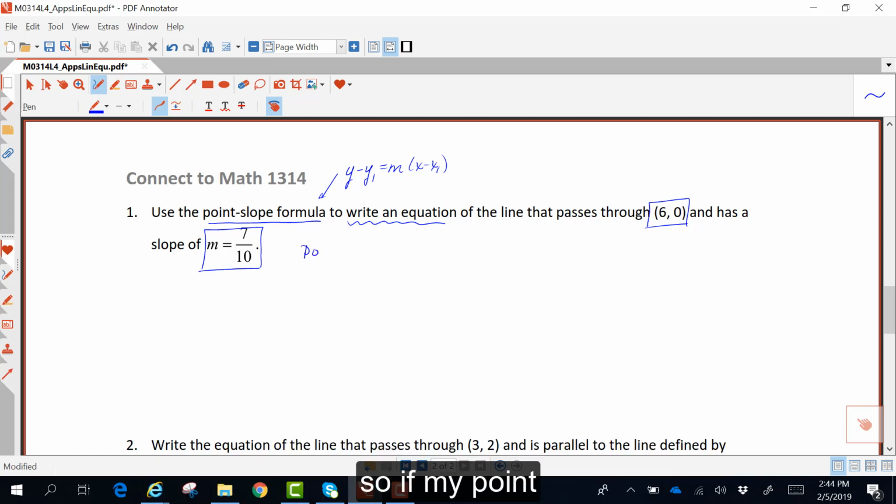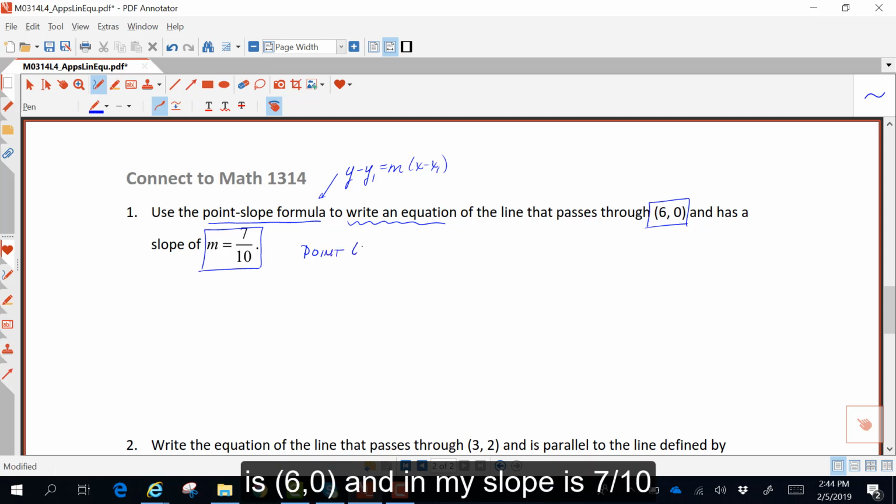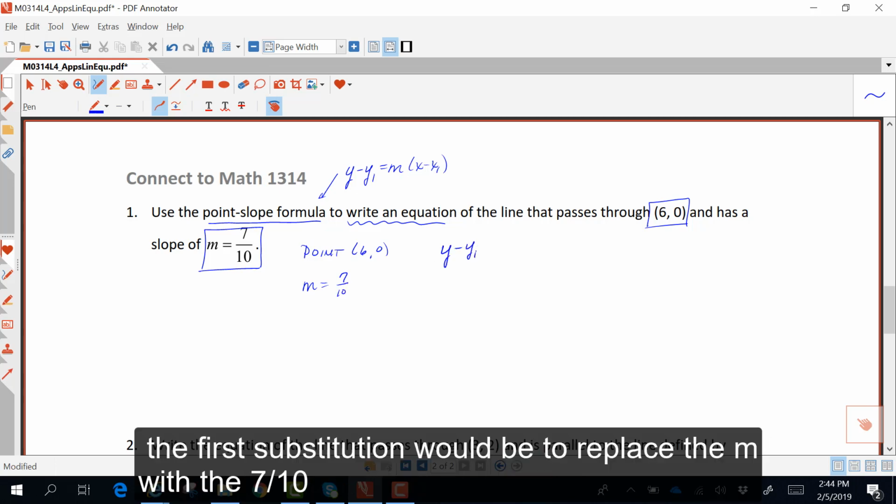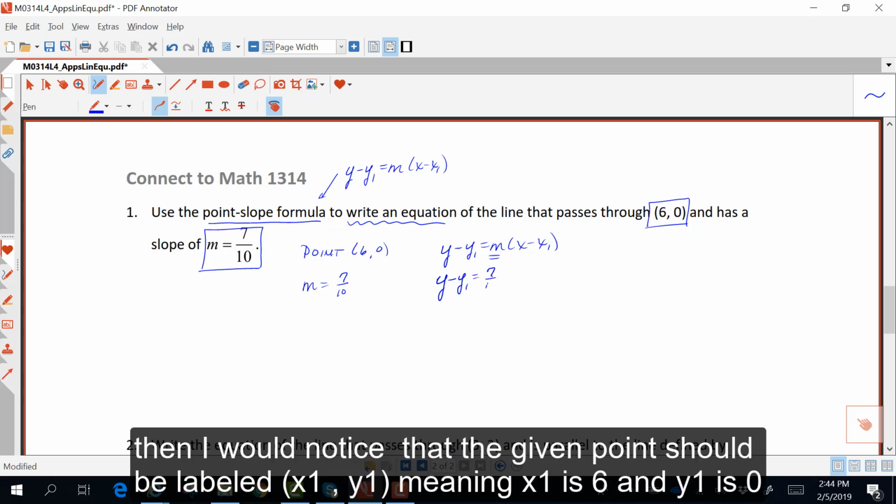So, if my point is 6, 0, and my slope is 7/10, the first substitution would be to replace the m with the 7/10. Then I would notice that the given point should be labeled as x1, y1, meaning x1 is 6 and y1 is 0.